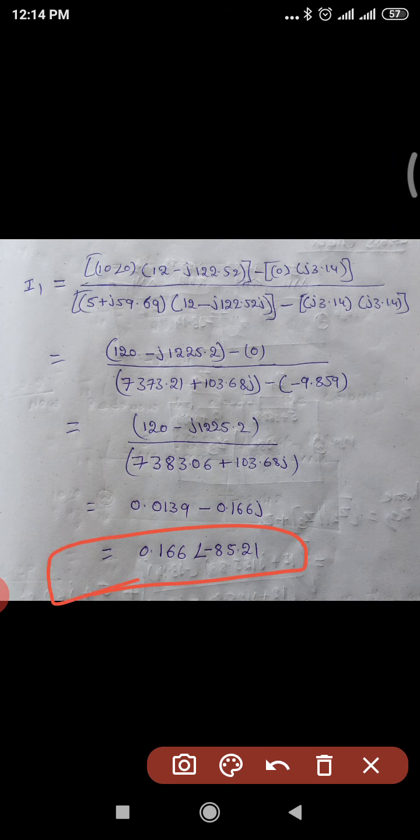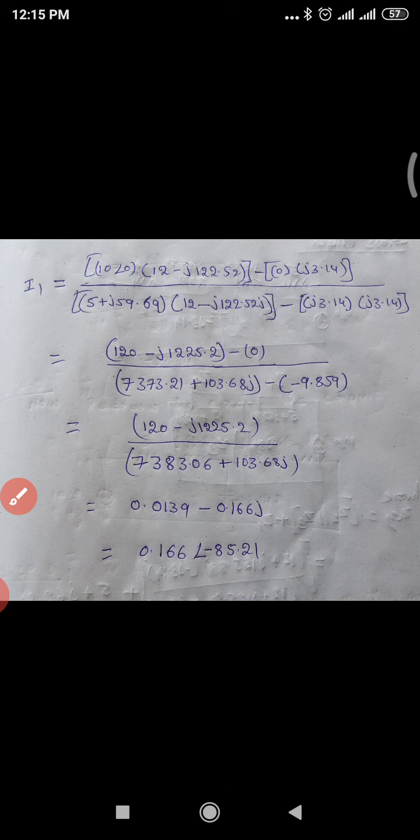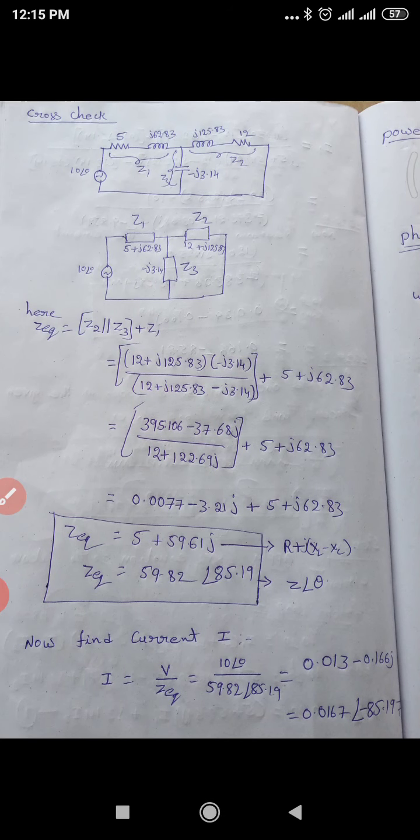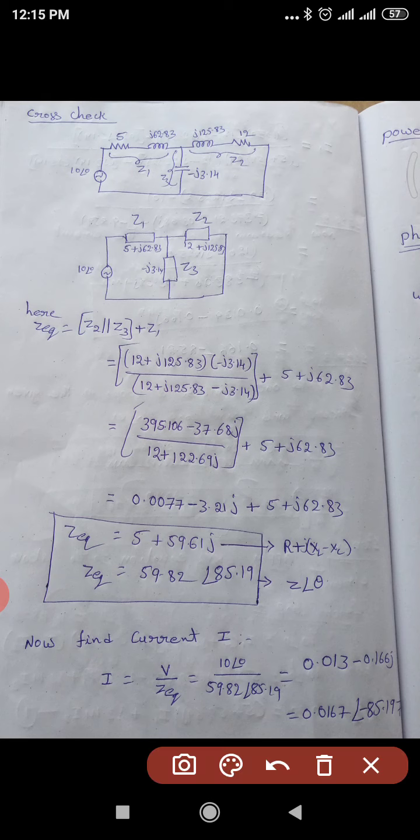Next, let us cross-check this solution, whether we are getting the right answer or the wrong answer. How can we cross-check? By using the generalized method. The generalized method means reducing the given circuit and finding the current I. So let us see how to reduce this circuit.